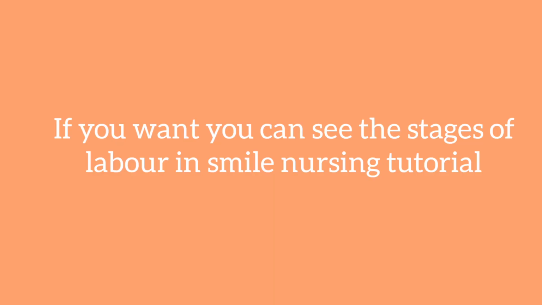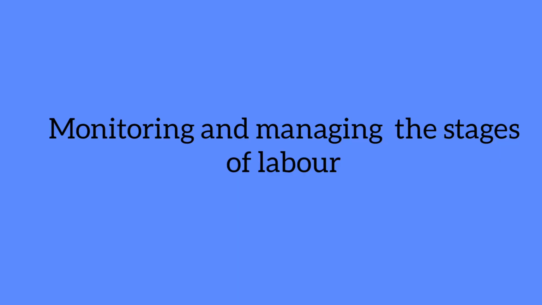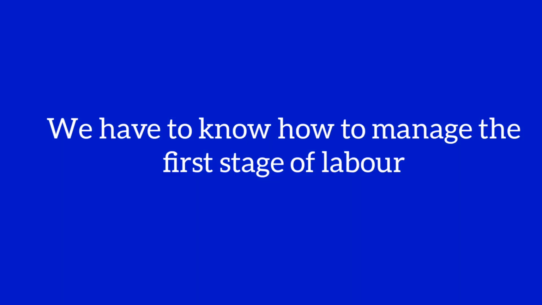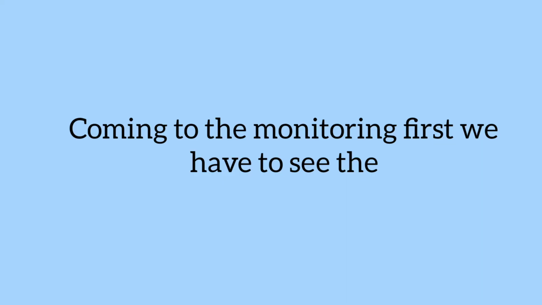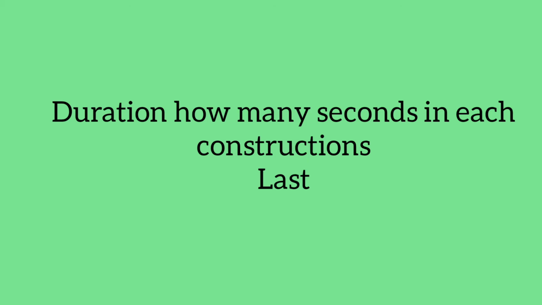Okay. Next, coming to monitoring and managing the stages of labor. First, we have to know how to manage the first stage of labor. Coming to the monitoring, every 1 hour we check the contractions: frequency, how many contractions in 10 minutes, and duration, for how many seconds each contraction lasts.